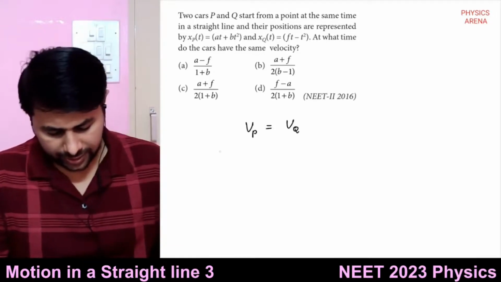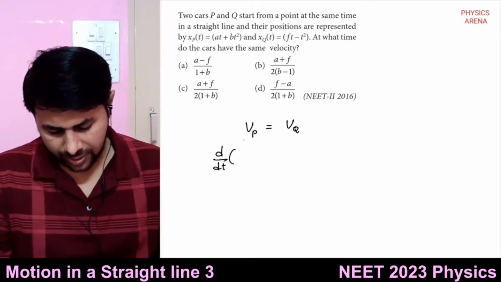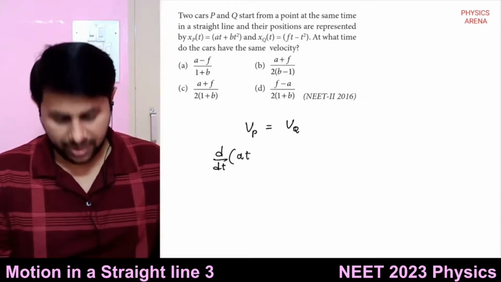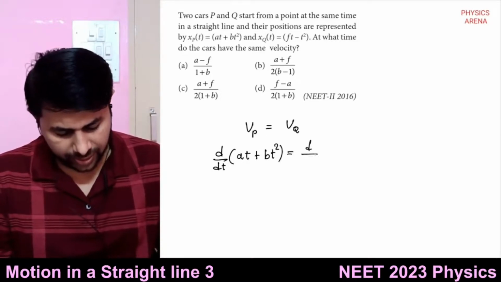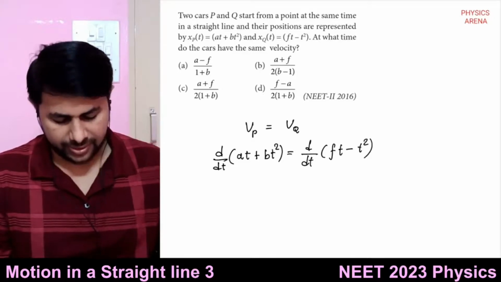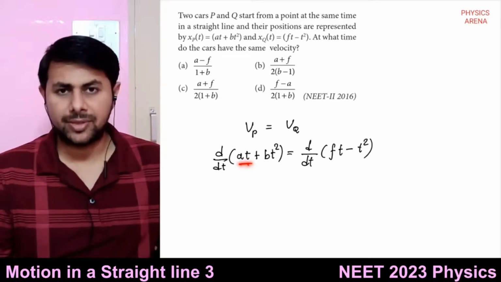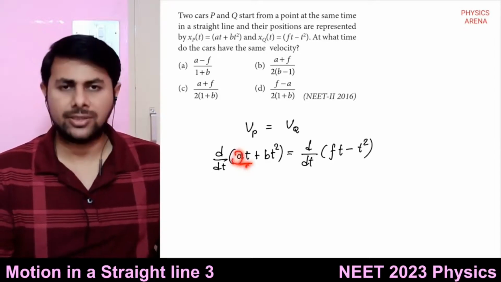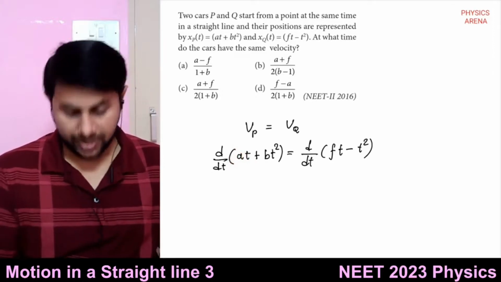That is, the derivative of xp with respect to t, the derivative of at plus bt square, is equal to the derivative of ft minus t square. So now let's take the derivatives. a is a constant, it will go out, and dt by dt is 1.